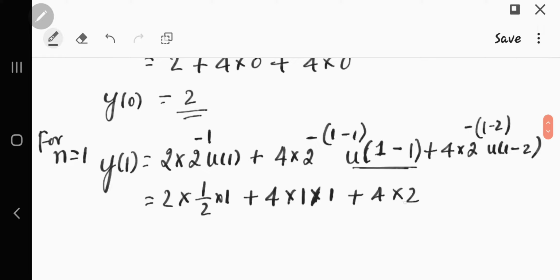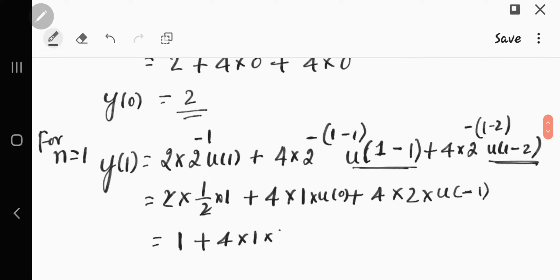You can avoid one more step, or if you want more clarity here, let me put it like this, into u of 0 I'll put here, and into u of minus 1. So this 2 into 1 by 2 gets cancelled. 1 into 1 is 1, plus 4 into 1 into 1, plus 4 into 0 because u of minus 1 is 0.